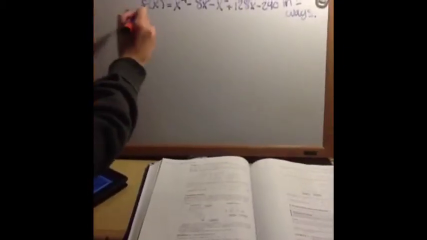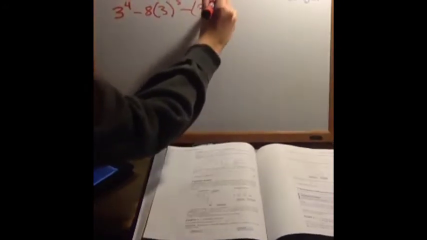So we're going to manipulate this problem in two ways. The first way is just plugging it in, and the second way is using synthetic division. I'm going to plug in 3 for this equation. The 3 comes from x minus 3 up here, and we're going to prove that it is a factor of this polynomial.